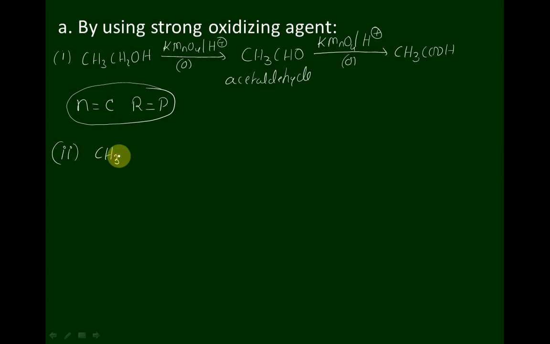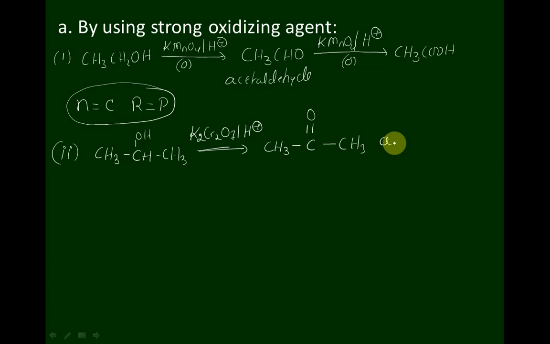I will take for example the secondary alcohol CH3CHOHCH3. When secondary alcohols are subjected to oxidation in the presence of K2Cr2O7 and H plus ion, I get the ketone CH3C double bond O CH3, acetone. When this acetone is further subjected to oxidation with the same K2Cr2O7 in acidic medium, the reaction is not possible.